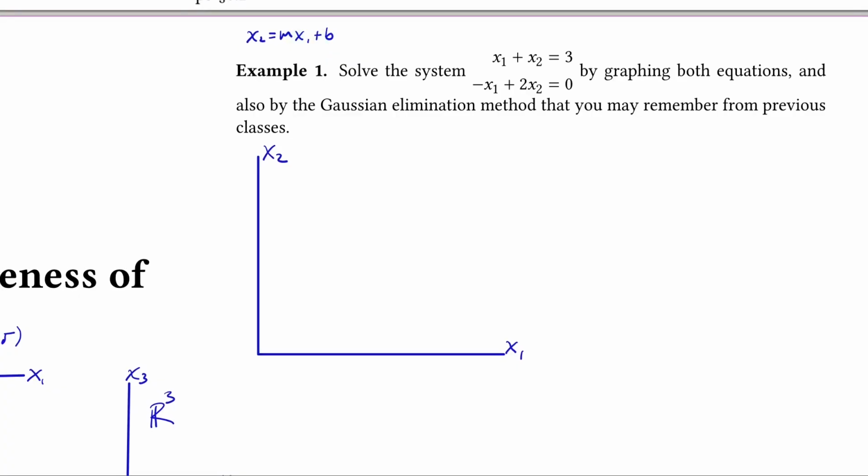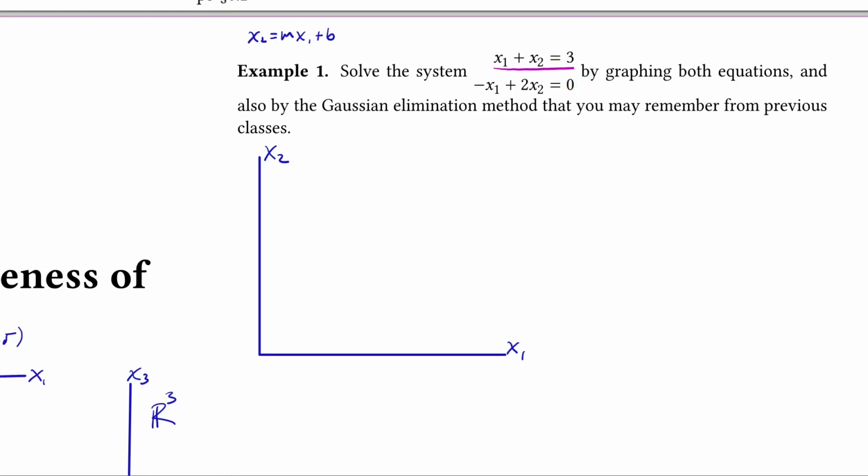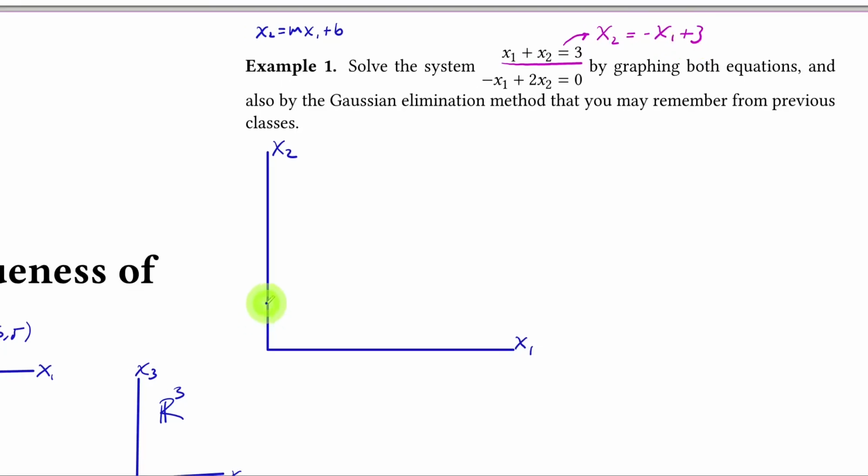So maybe I can do these in colors. Let's say the first equation is purple. You can just subtract x1 from each side, and this becomes x2 equals negative x1 plus 3. So this equation has slope -1 and y-intercept 3.